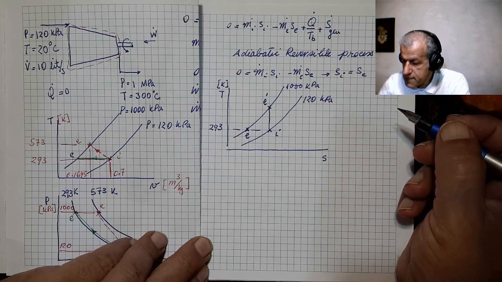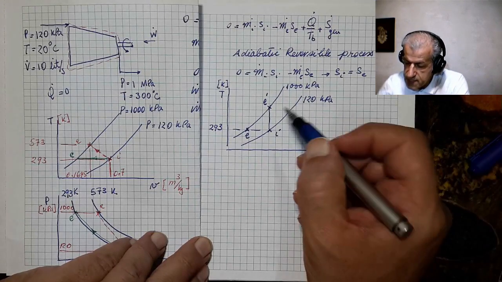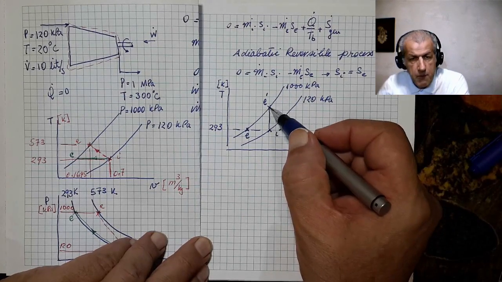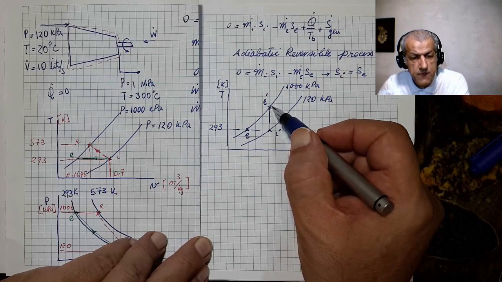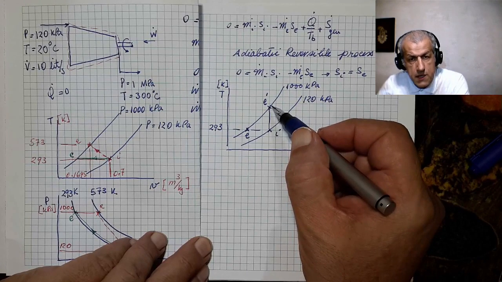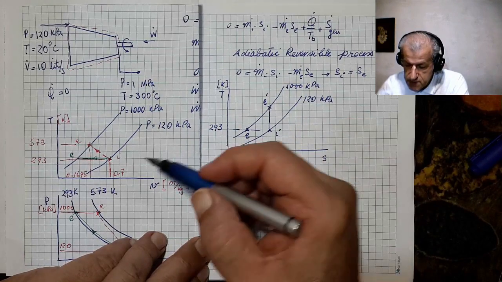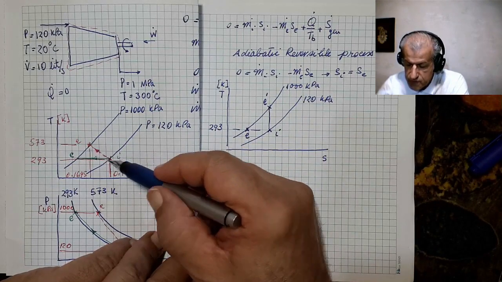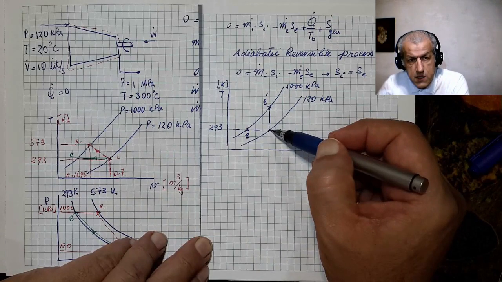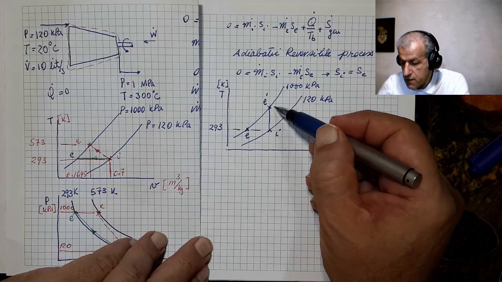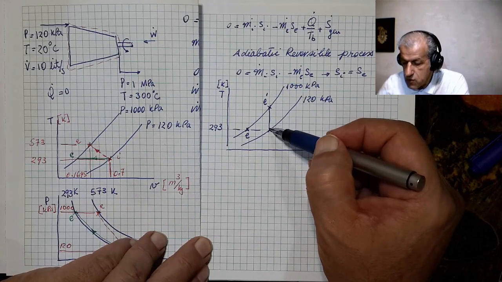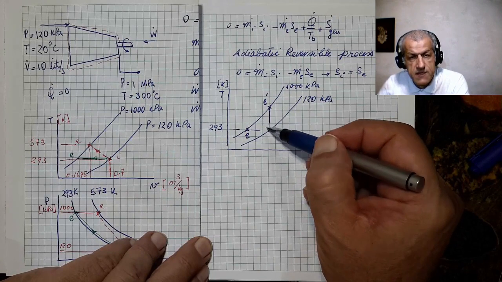So this is E prime. The question for us is whether this E prime is warmer or cooler than the isothermal end temperature. Would the process we have drawn be to the right of this line or to the left of this line?